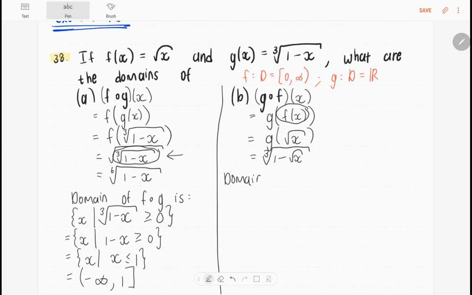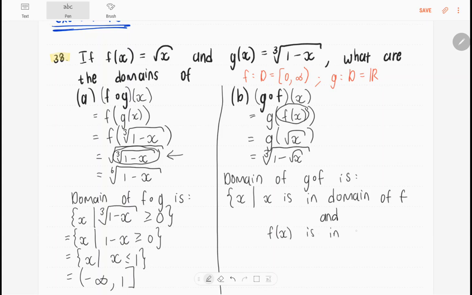So the domain of G's composition with f is all x, given that x is in the domain of f and f of x is in the domain of G.